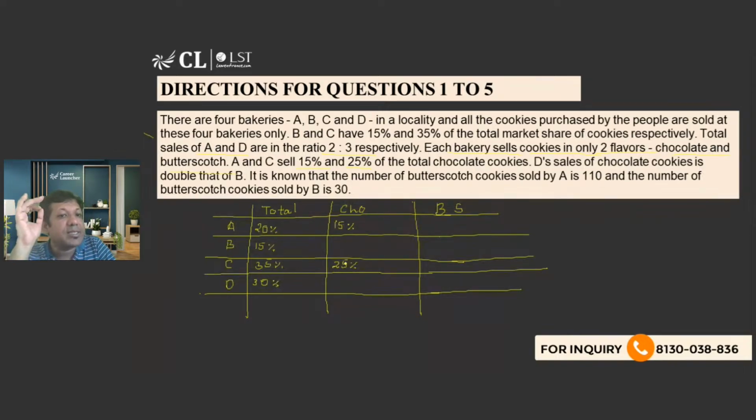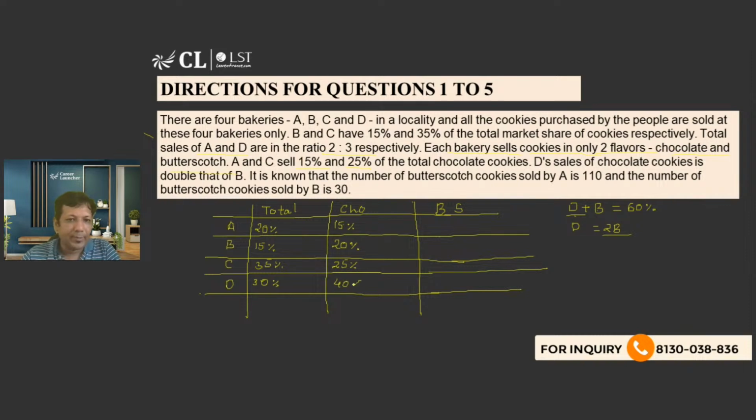Now the remaining is 60%. The next statement says D's sale of chocolate cookies is double that of B. So D's chocolate cookies plus B's chocolate cookies amount to 60%, and D is twice B. So I am going to place 2B and B, 3B, and 3B is equal to 60%. So B comes out to be 20% and D comes out to be 40%.